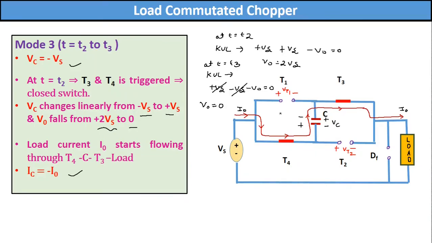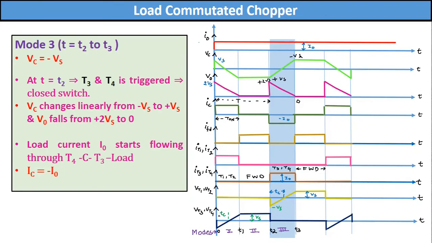So when we apply KVL in this loop and in this loop, we will get the voltage across the T1 and T2 thyristors equal to minus Vs at time t is equal to T2 and plus Vs at time t is equal to T3, as the voltage across the capacitor is changing from plus Vs to minus Vs. So the voltage across these non-conducting thyristors depends on the voltage across the capacitor.